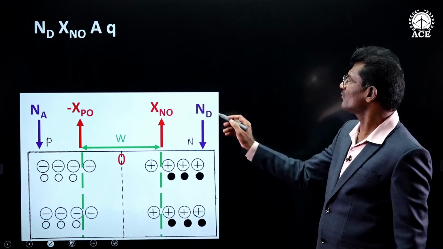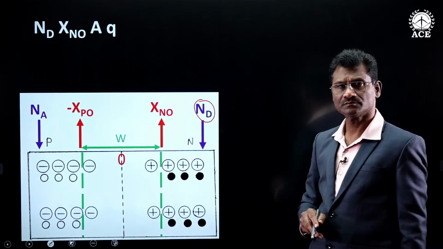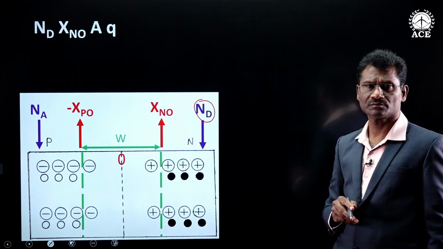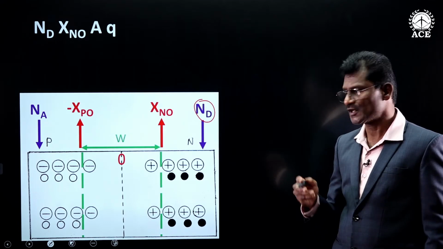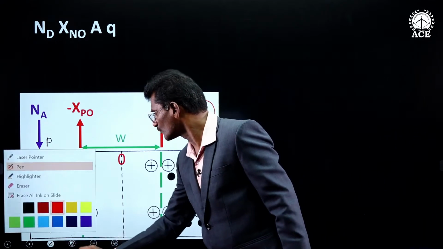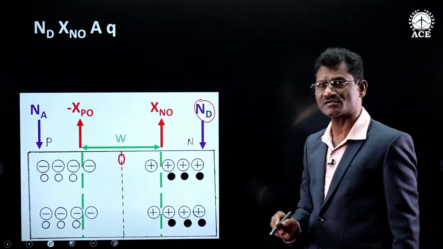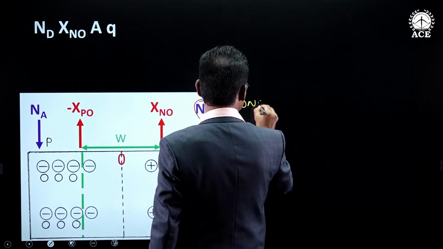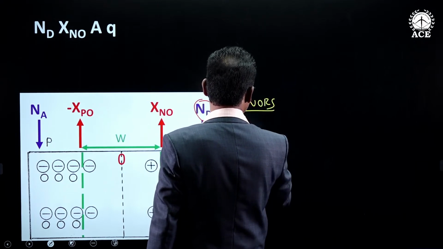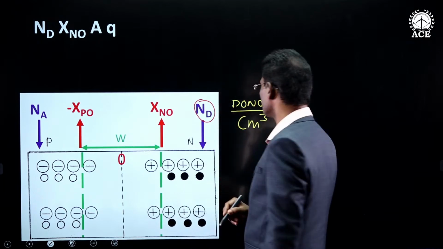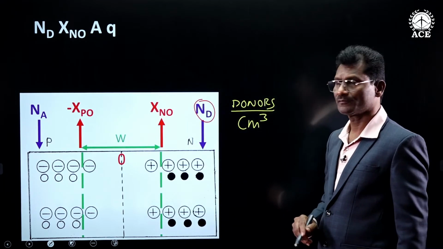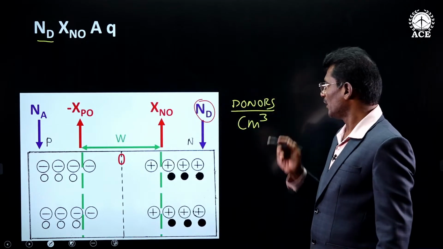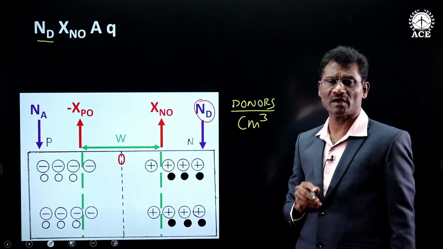Now here we have something called ND. ND, as I stated, is donor concentration, that is number of donor atoms added per centimeter cube. So it is number of donors added per centimeter cube. That is what is called ND. Now a donor atom is a pentavalent atom.